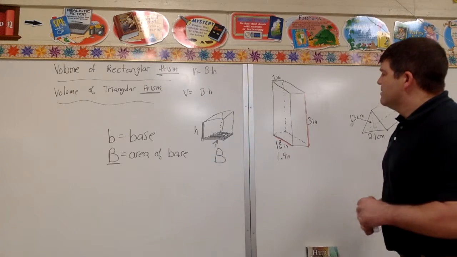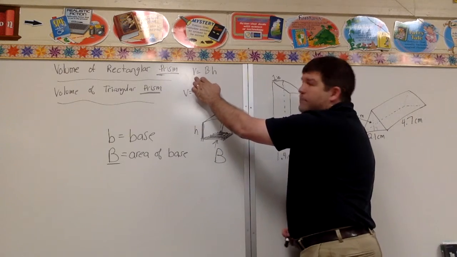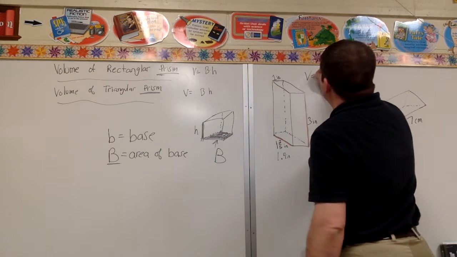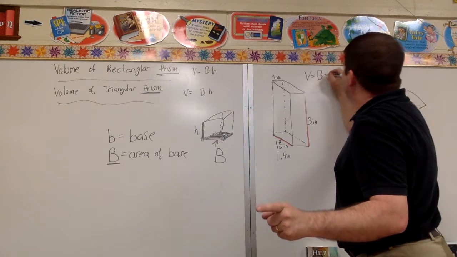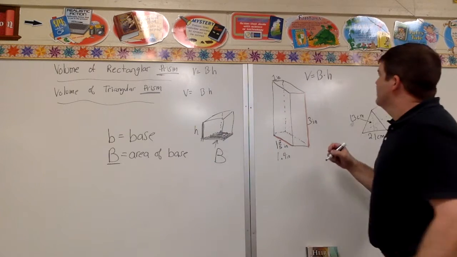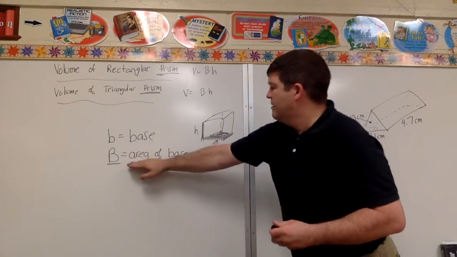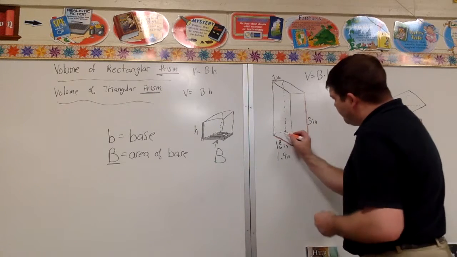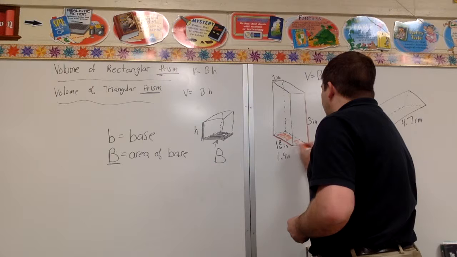Okay? So, I'm going to use V, volume, equals big B times H. So big B is the area of the base. My base is this part right here.